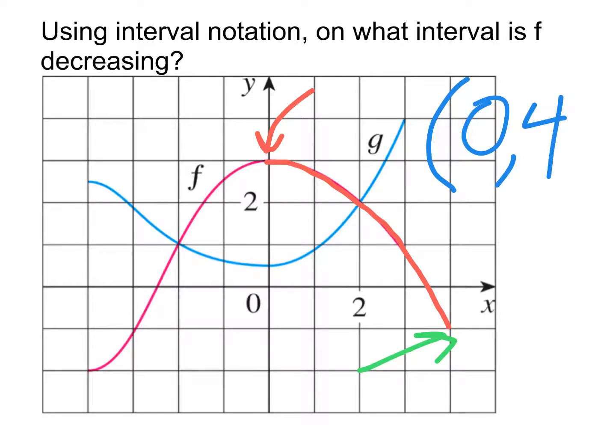There is no graph to the right of 4. The only way we could say it's decreasing at 4 is if it were still decreasing to the right of 4. Because decreasing means it's going from something to something. It's not going to anything here. And so at 4, it is no longer decreasing. But to the left of it, it is. And so 4 is not included again. So both of those are the round parentheses.